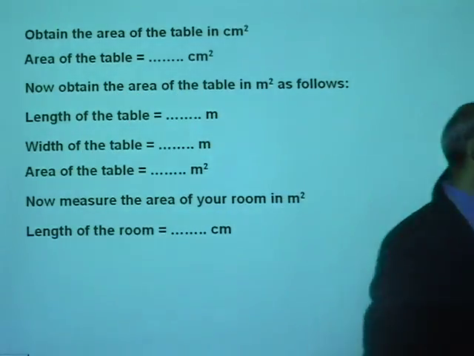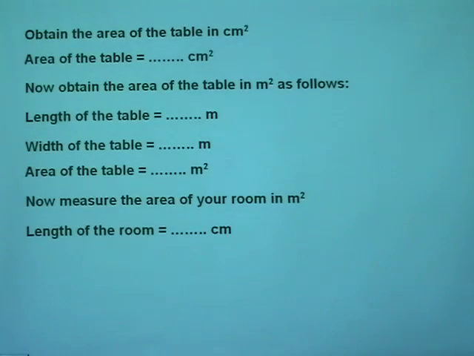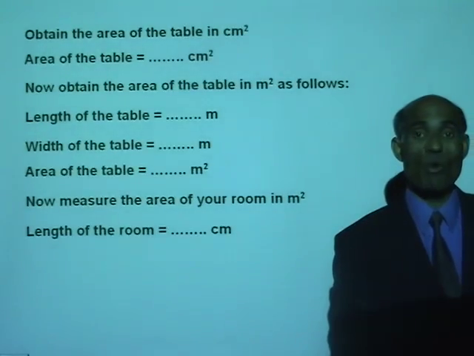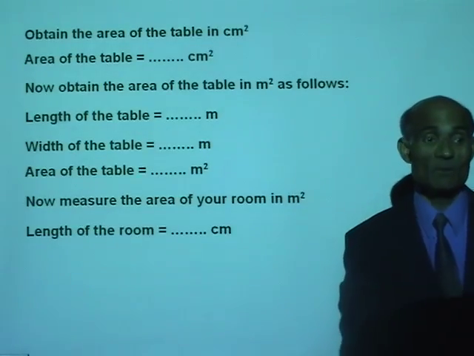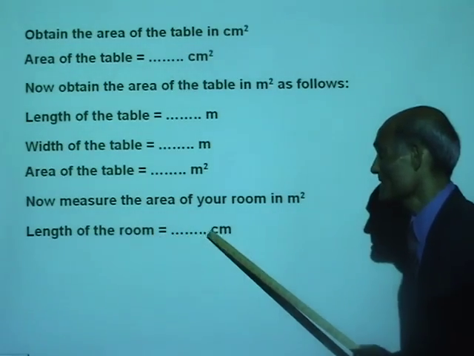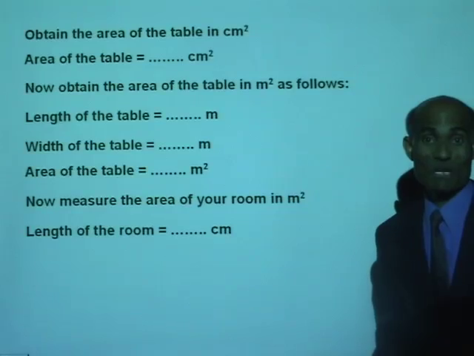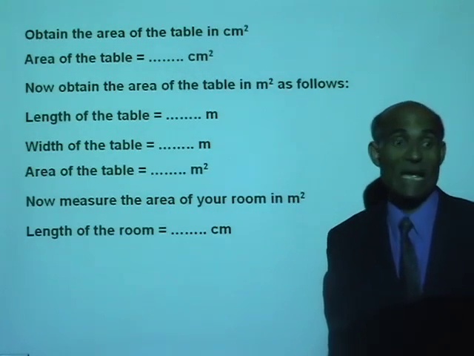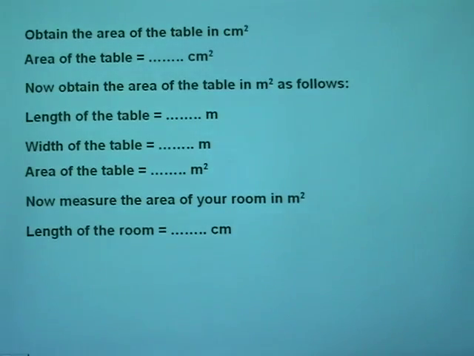The length of the room, well, I just measured the length of the room. I got it as 5,180 centimeter. Well, that's a big number for me. I want you to remember that number. The length of the room, I got 5,180 centimeter.